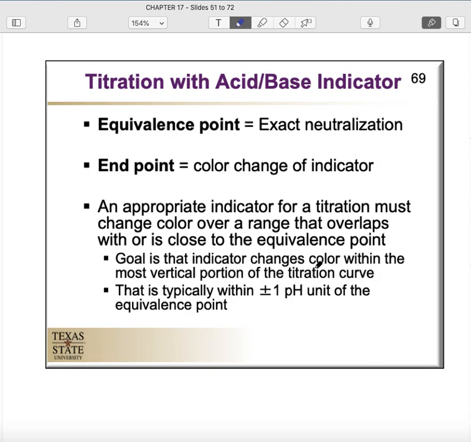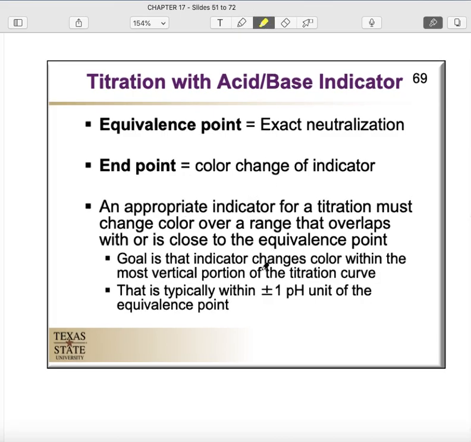So the goal is that the indicator changes color within the most vertical portion of the titration curve, which is at the equivalence point, and that is typically within plus or minus 1 unit from the equivalence point. This is something that is good for us to remember. So we want the indicator to change color within plus or minus 1 pH unit of the equivalence point.